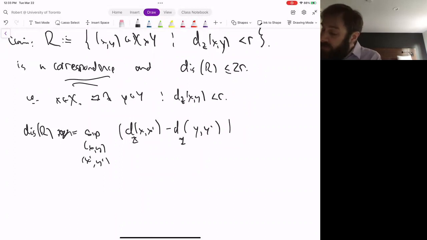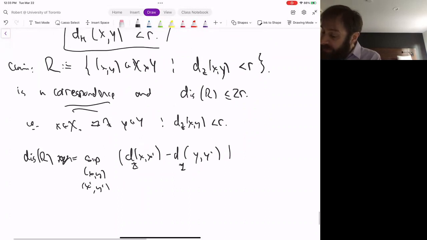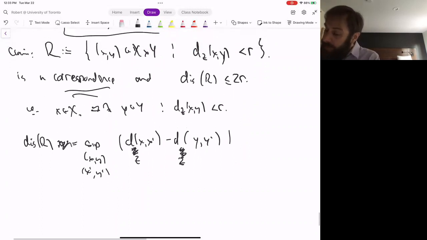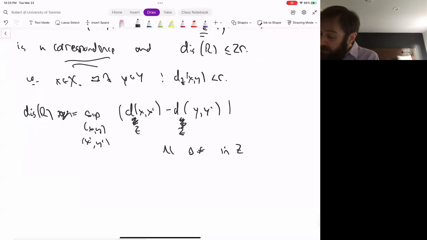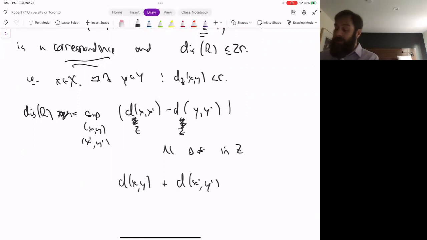of course the restriction of d_Z is d_X. So I can think of all of these things as being distances in Z, because this is a metric extension of both X and Y. And then I claim, using the triangle inequality in Z, that this is less than the distance from x to y plus the distance from x prime to y prime. And you have to check it for both the positive and negative thing under the absolute value.